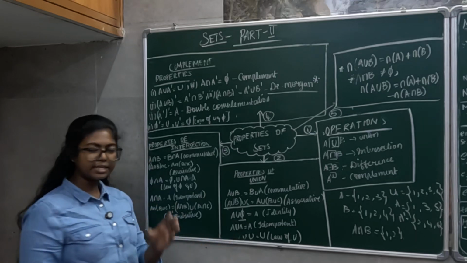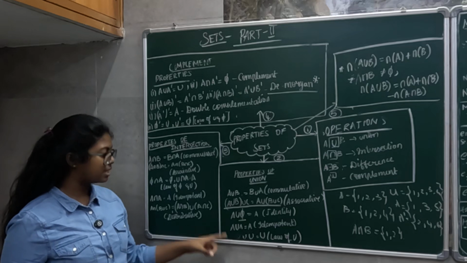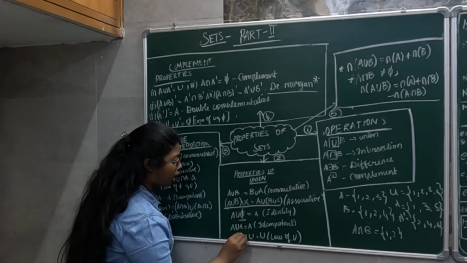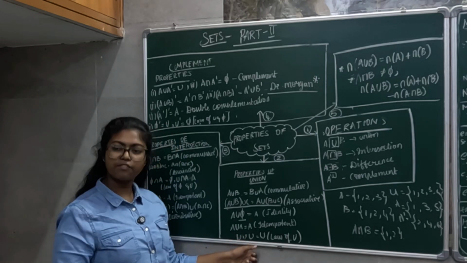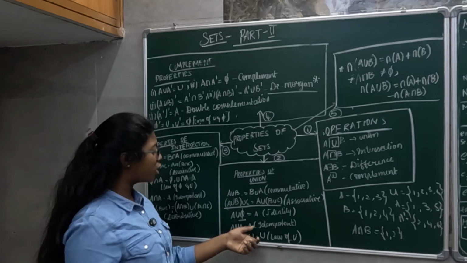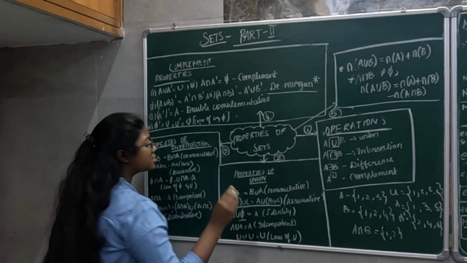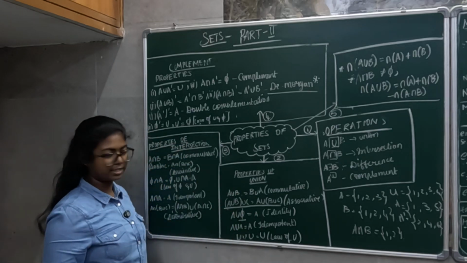In a set, we know that an element will not repeat, such that A union A will be A. Then the universal law, that is universal set union universal set will be U. As I already told, elements will not repeat in a set, so that is the law of universal set. Then we are going to see the properties of intersection.